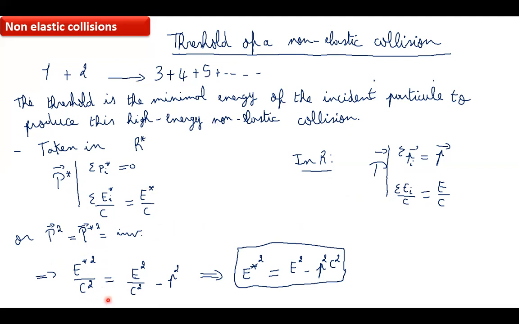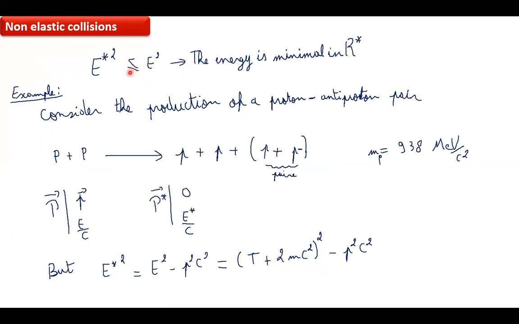So we multiply this equation by C squared and we get E star squared that is equal to E squared minus P squared C squared. So we only have squared quantities, so everything is positive here. So you see that E star squared is less than E squared because it's E squared minus a positive quantity. So E star squared is less than or equal, maybe at the limit, to E squared.